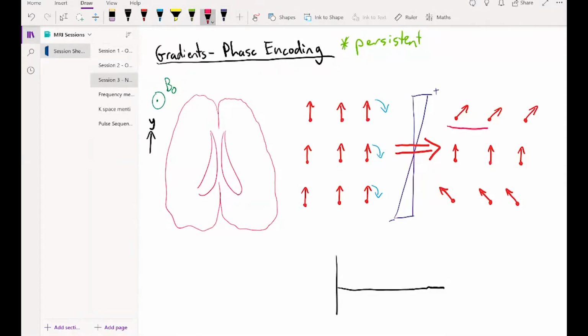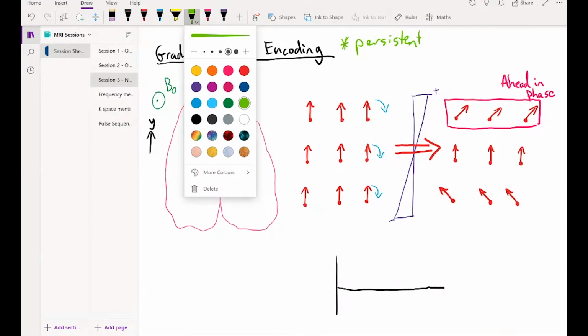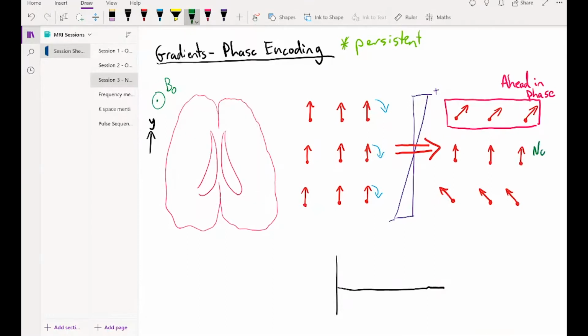Okay, so this set of spins up here is ahead in phase. And then the middle row is normal, which I've got as a dark green. And then the bottom row is behind in phase, which is a blue. Let me know if there's any questions about that.